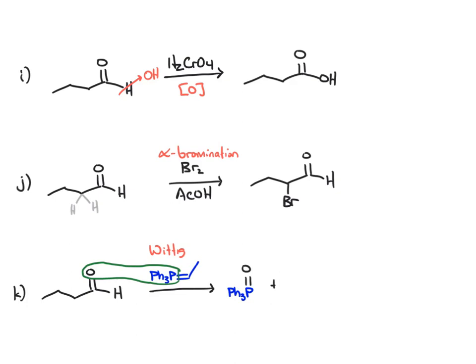Plus, what we end up with, if I highlight the two carbons that are joining, this carbon of the carbonyl ends up double bonded to this carbon of the ylide. So there's the carbonyl carbon, there is the ylide carbon, and we'll make this a trans alkene.